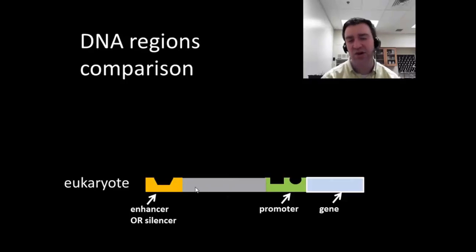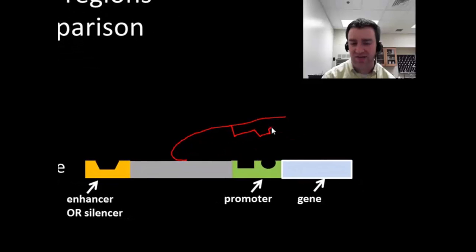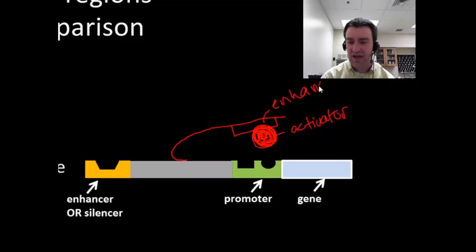The idea, and this is shown in your textbook, is that there might be this whole complex of proteins that temporarily bend the DNA and bring these enhancer or silencer regions closer to the promoter regions. And so maybe when the transcription factors bind at, say, the enhancer region, let's say that this is an activator type transcription factor, so we would call the DNA region again an enhancer region.